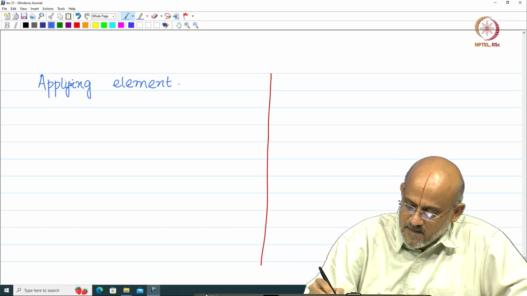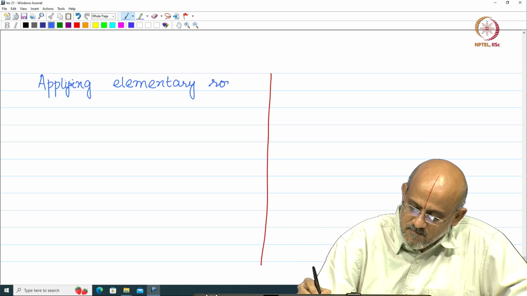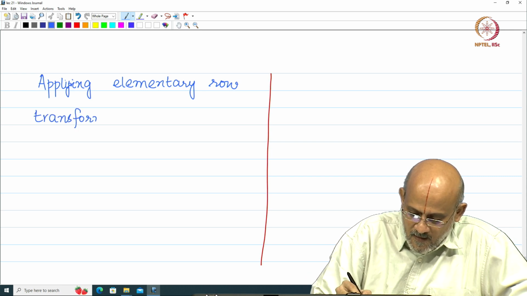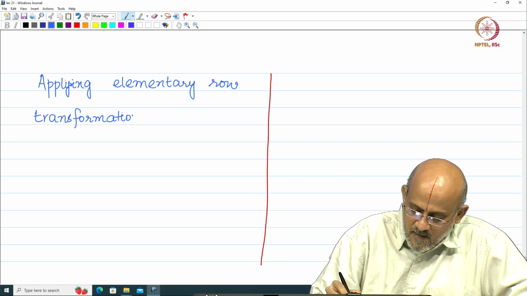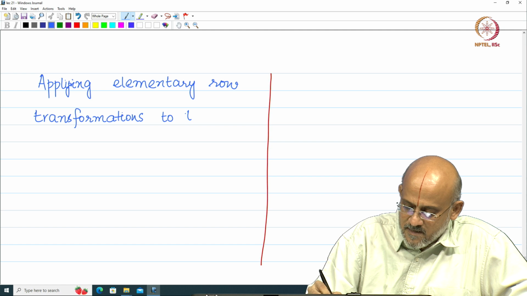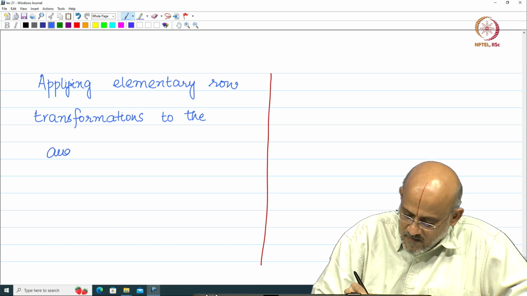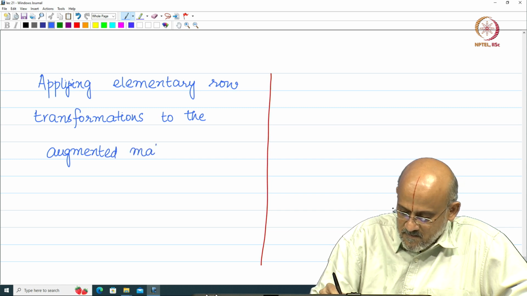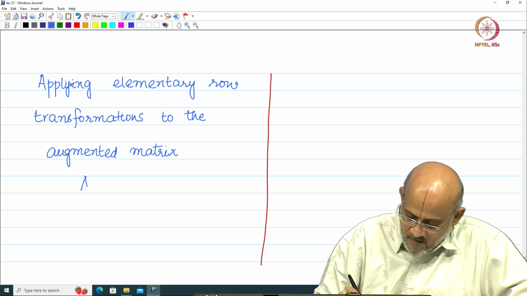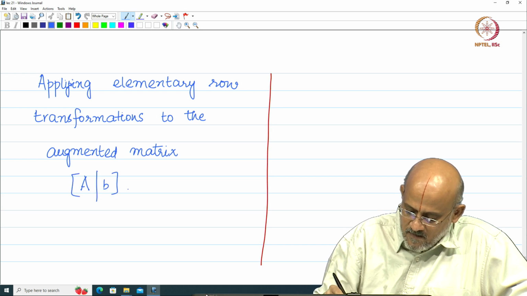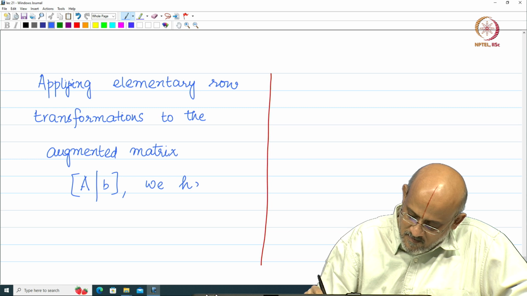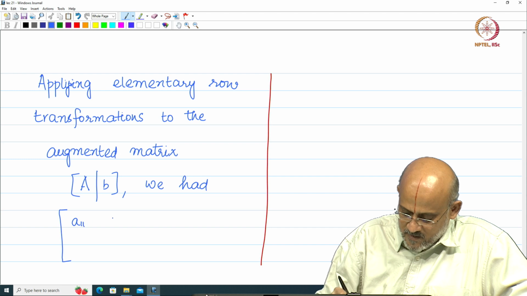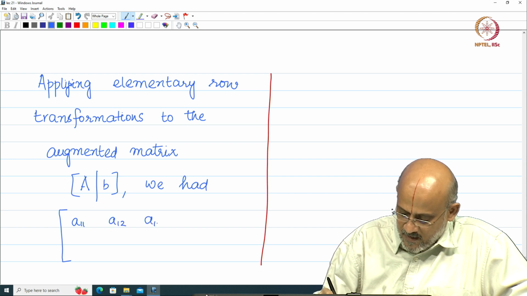So, applying elementary row transformations, we get to the augmented matrix, let us say A B. The first row of A was retained as such, we had A11, A12, A13.